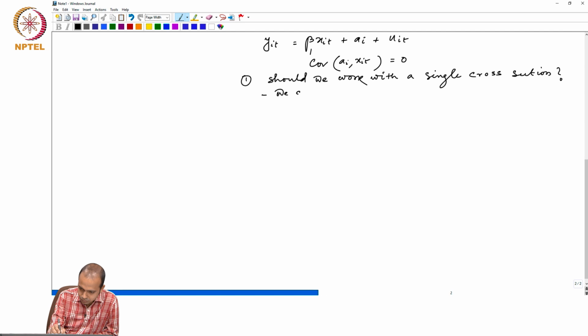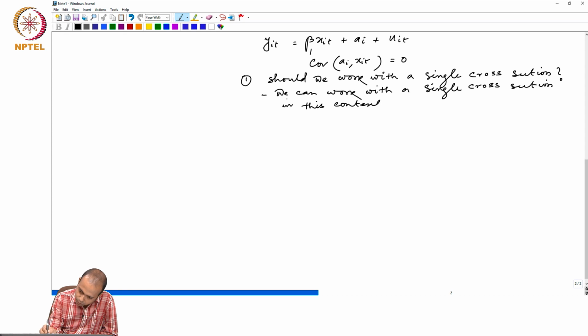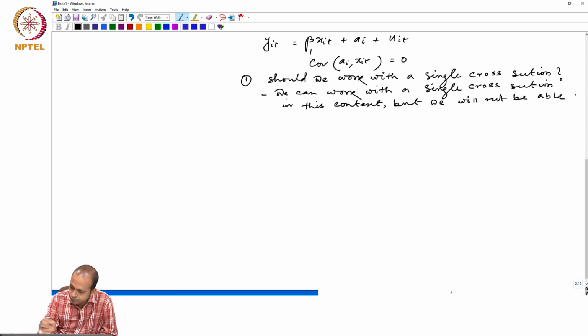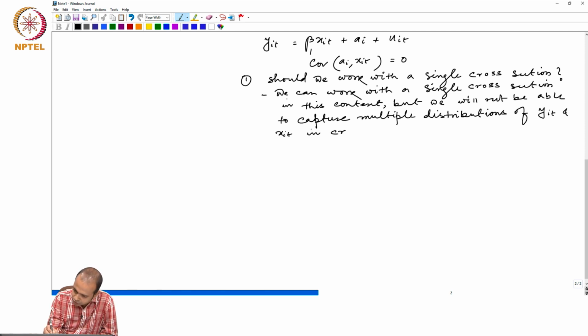So, that is the reason. We can work with a single cross section in this context, but we will not be able to capture multiple distributions of YIT and XIT in cross-sectional data.